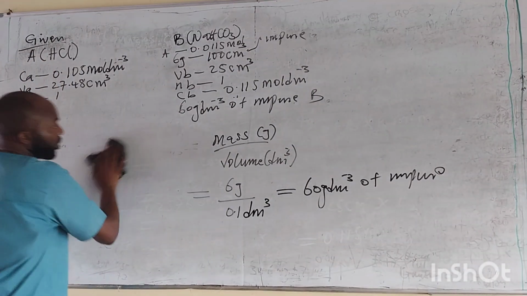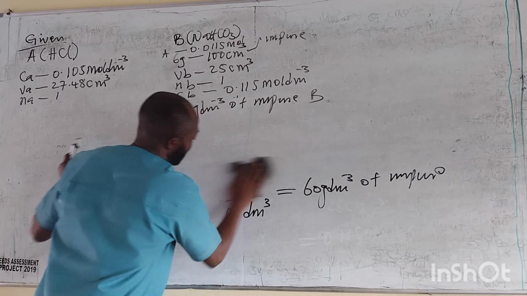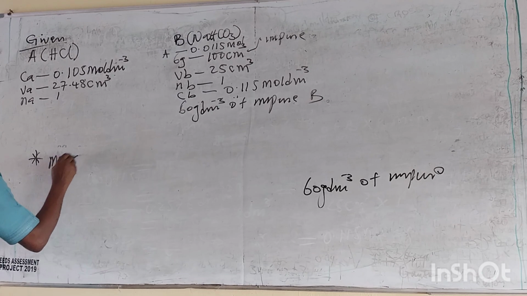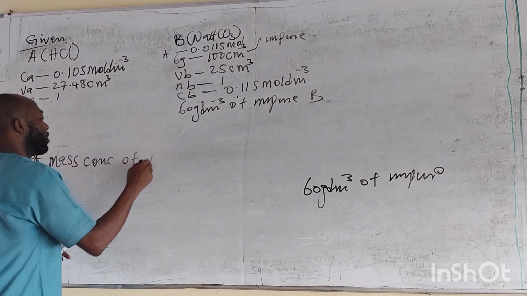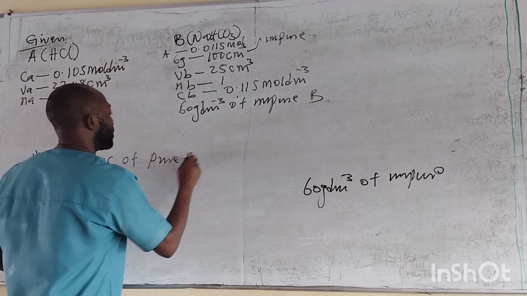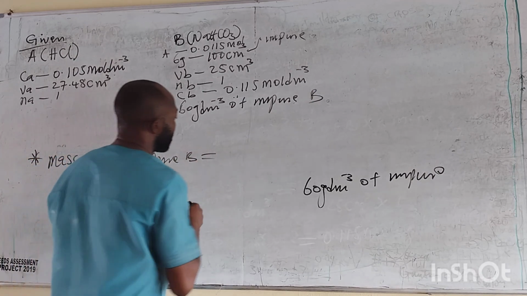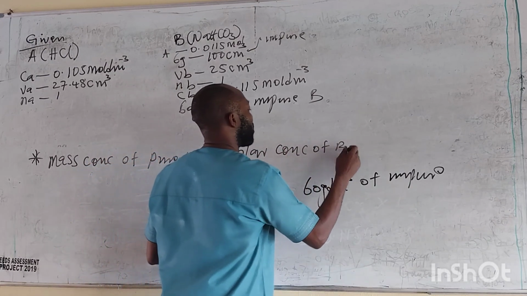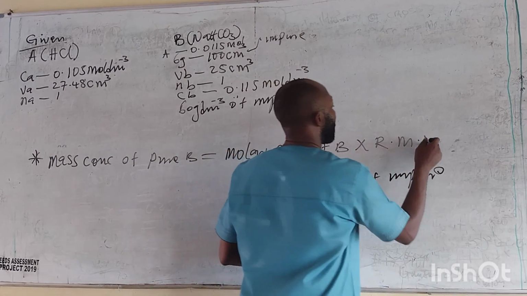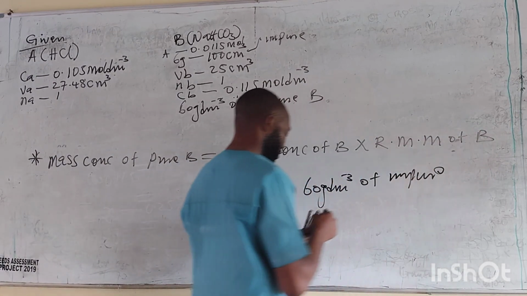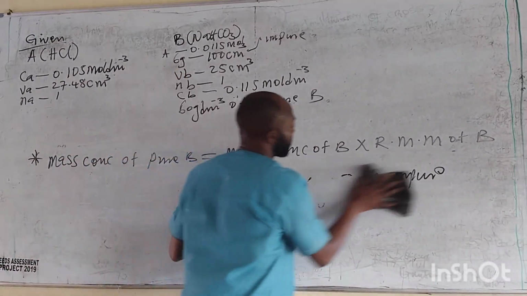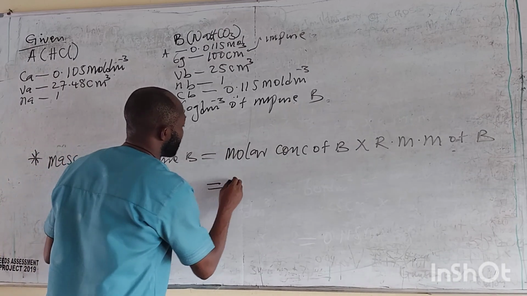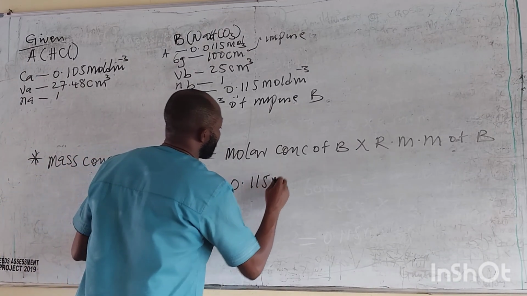Now, mass concentration of pure B is equal to molar concentration of B times relative molecular mass of B. The molar concentration of B, Cb, is 0.115 mole per dm³.